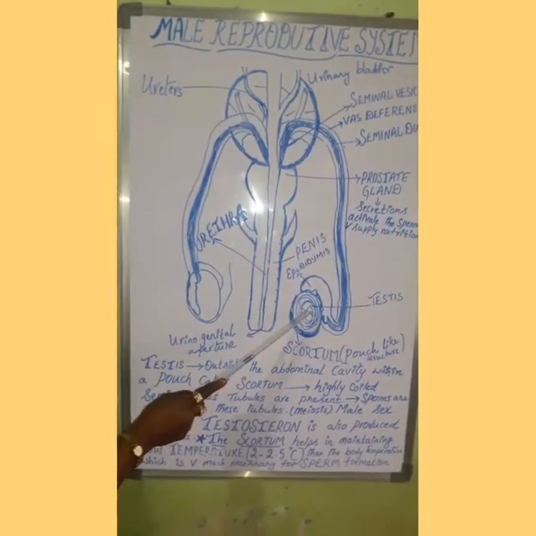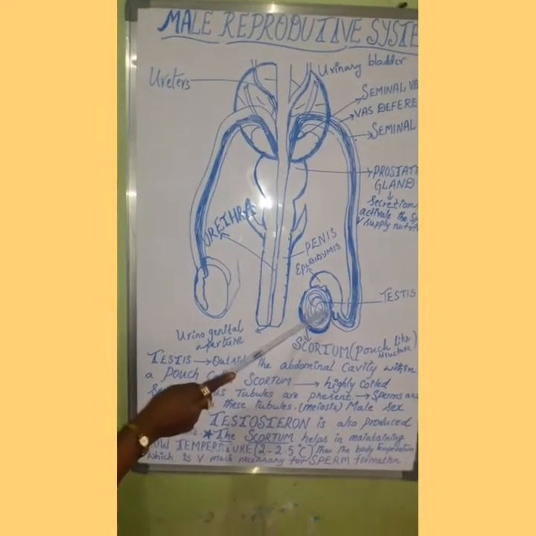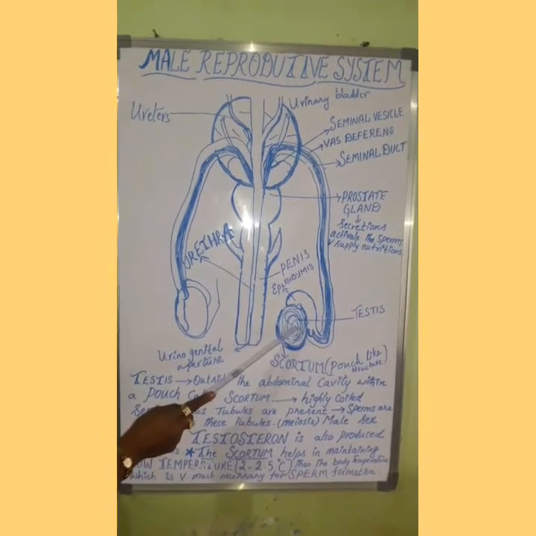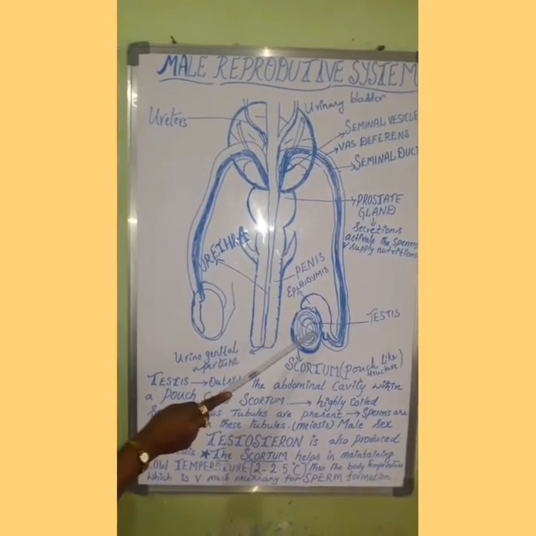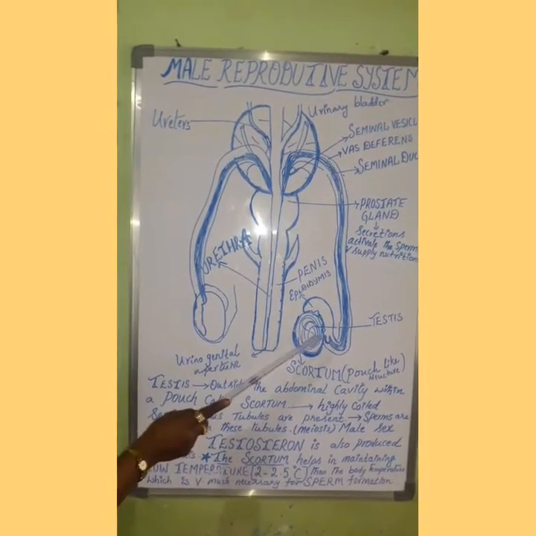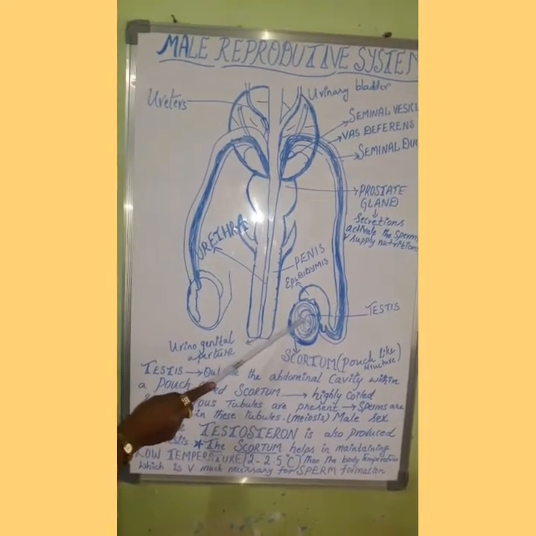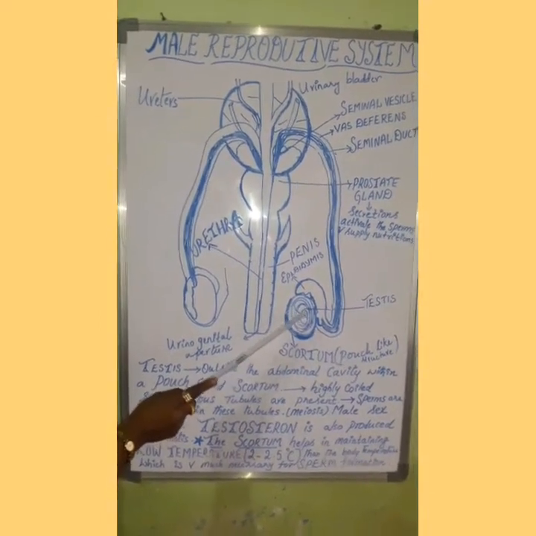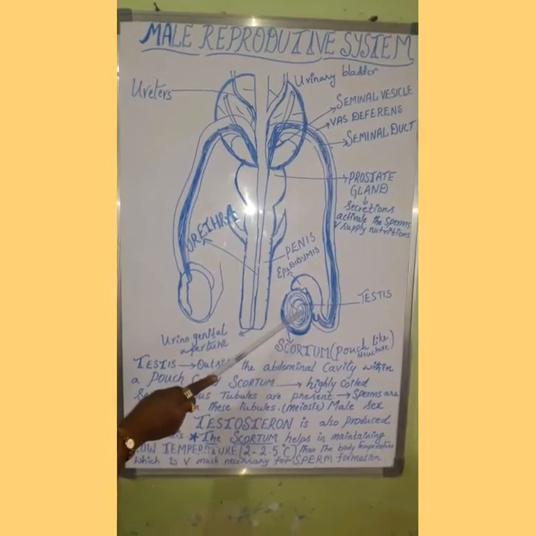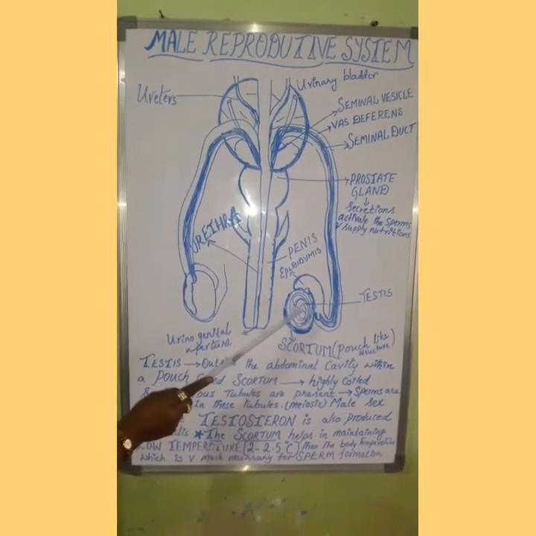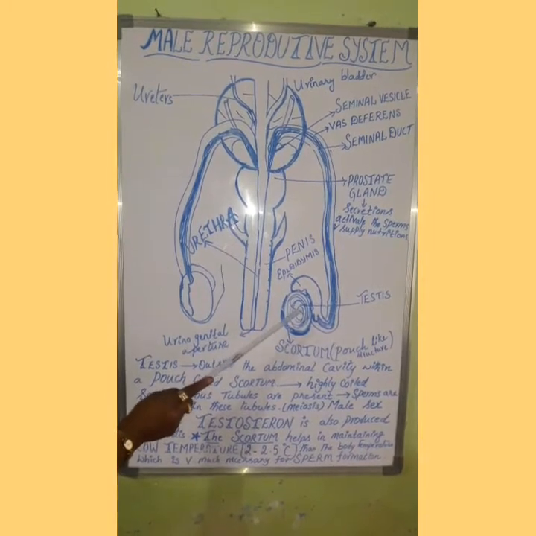Inside the testes, the male sex hormone called testosterone is also produced. Hundreds of millions of sperms are produced in the testis.